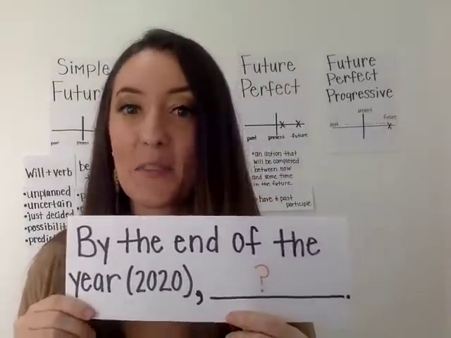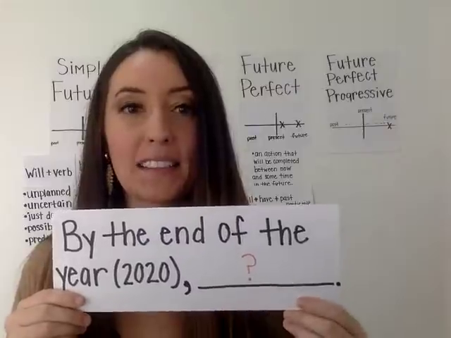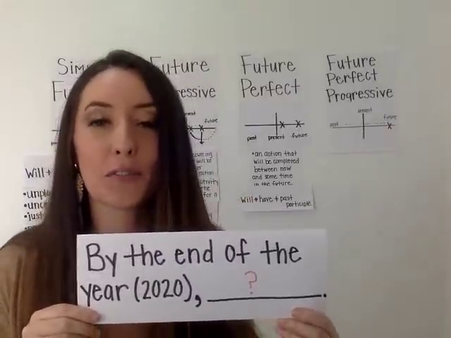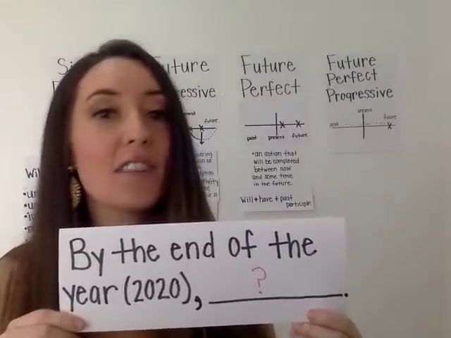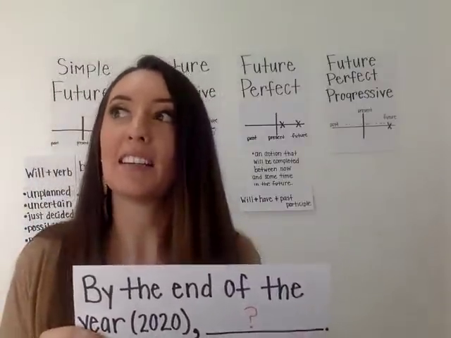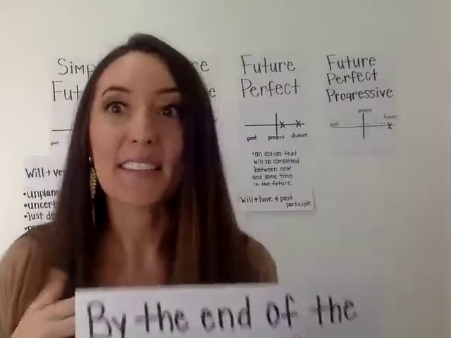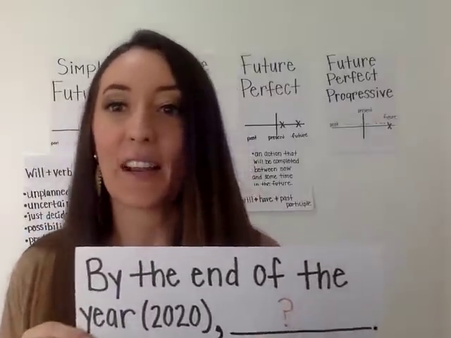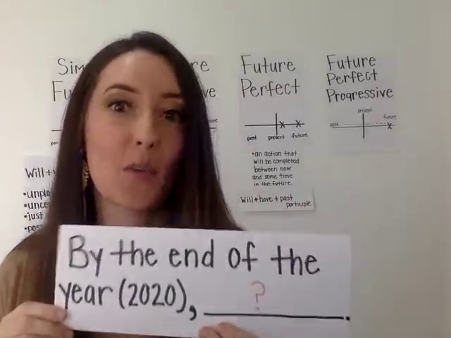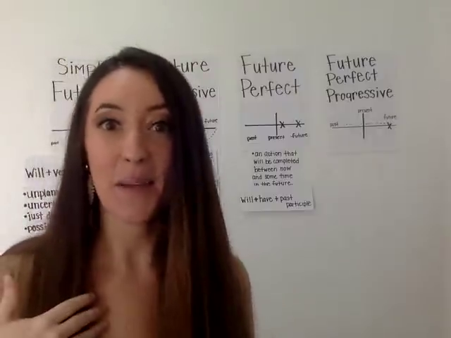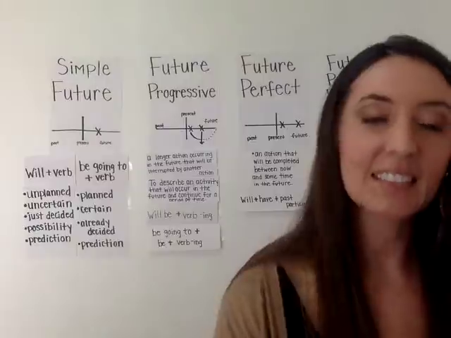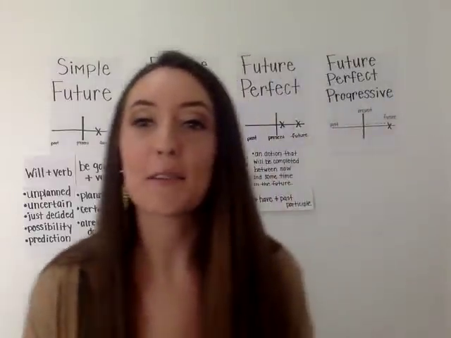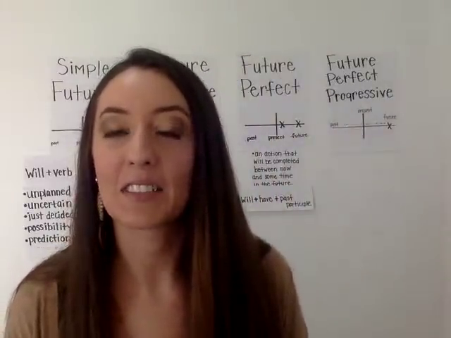Okay? I like to hear about your plans. So complete this phrase using the future perfect tense. By the end of the year 2020, I will have met some amazing students on Cambly from all around the world. That's my example. Type your examples in the chat before we move on to our last tense.